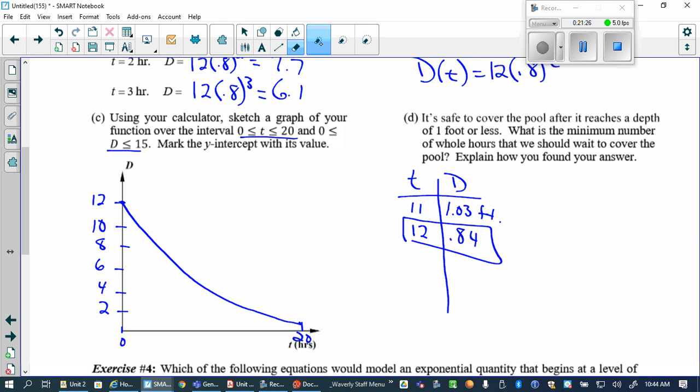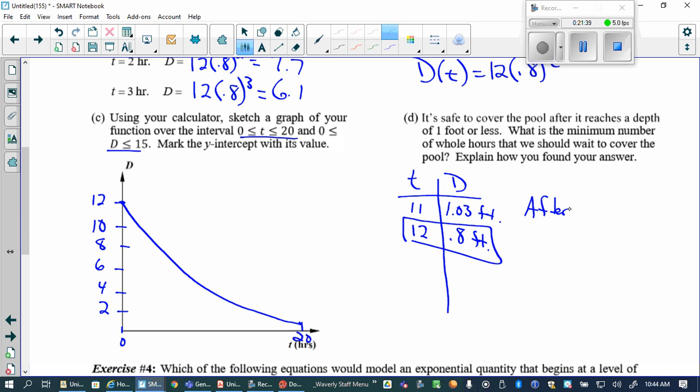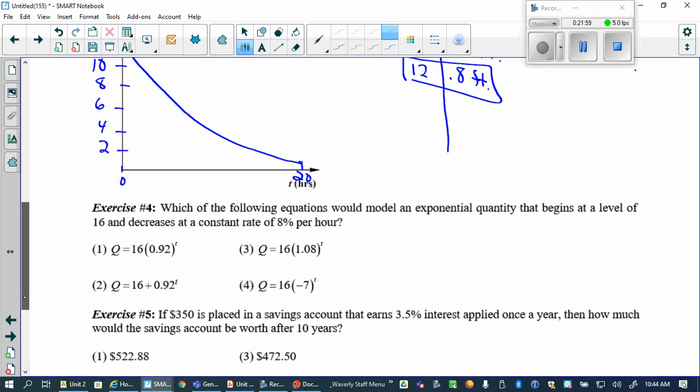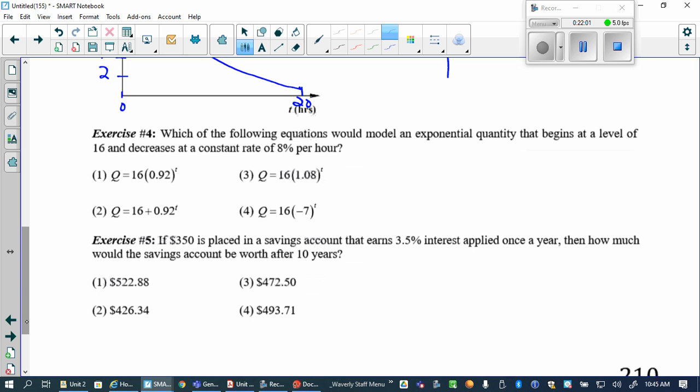We just want to be under a foot, right? So when's it safe? After 12 hours. In later math classes, you'll learn how to solve for an exponent with logarithms, but we're not going to do that here. There it is.